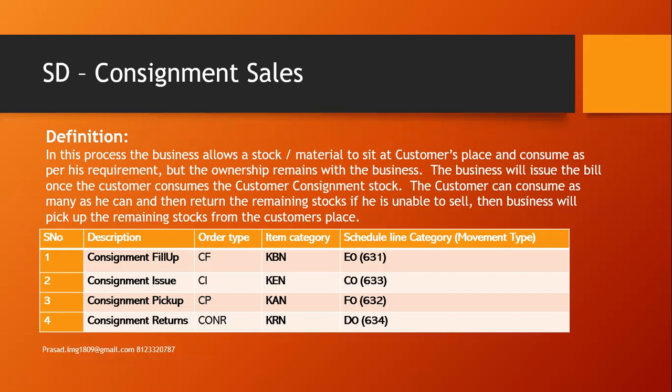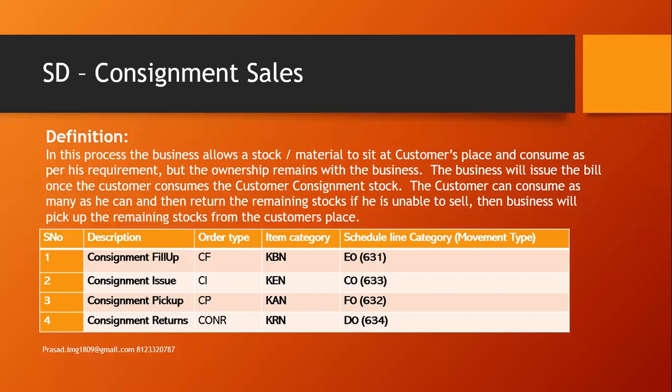Whatever we do in the consignment fill up will go and sit in the customer consignment stock, so that as many as he can consume, he can do the billing. That means the business can do the billing because the ownership lies with the business only, and then the remaining stocks can be returned back.